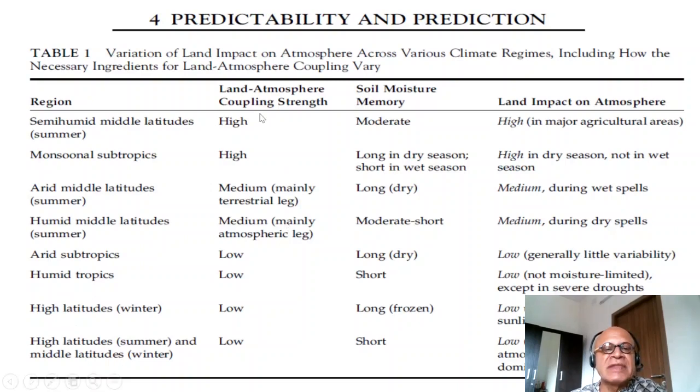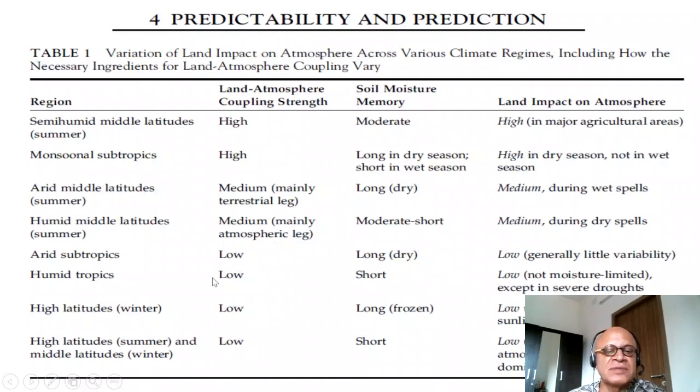Land atmospheric coupling strengths here, which is essentially how perturbation to one quantity on land will affect the atmosphere, and then atmospheric response will affect the land process back, is what is the coupling strength, how closely they are tied to each other. And so these are, some are high, some are medium, mainly terrestrial leg, medium and low.